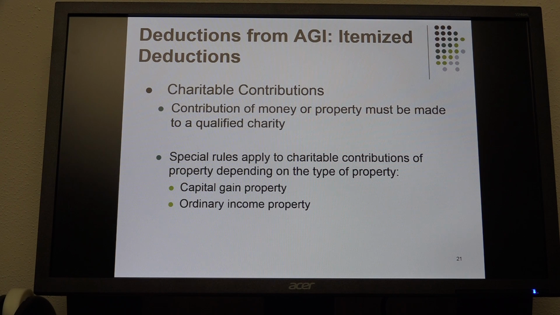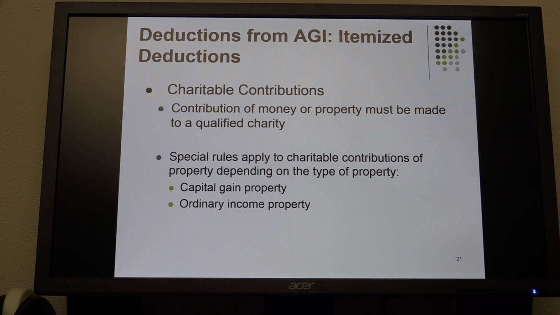Certainly, if you use all of it up before then, in my example, $12,500 carries forward to the next year and I still make $75,000, well, I'm going to use up all that excess contribution in that next year.